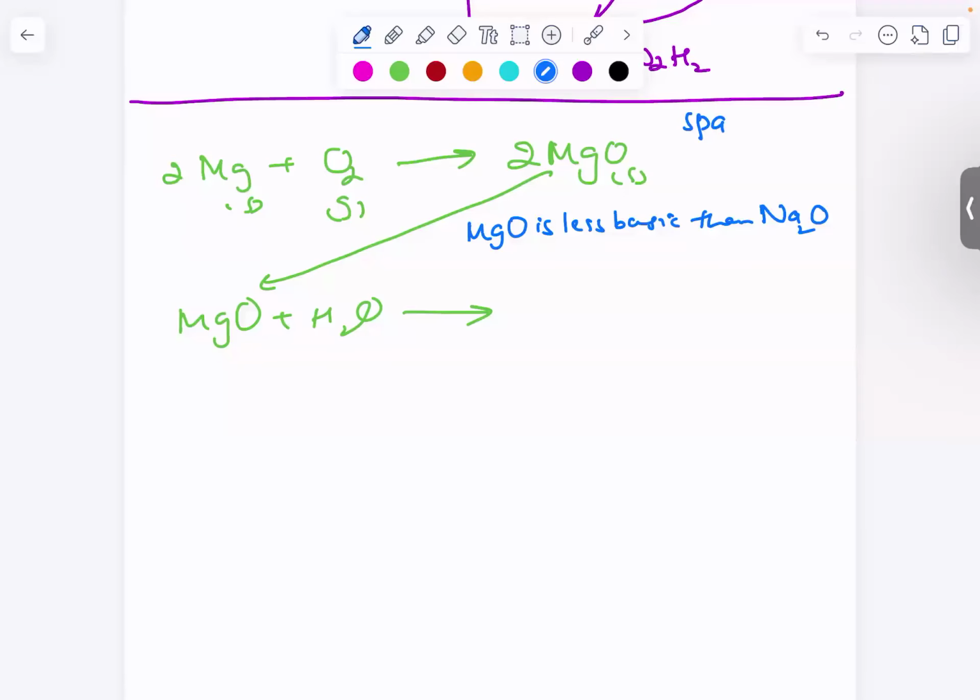Let me tell you what is the meaning of sparingly soluble. First of all, we use the word insoluble or soluble. Then scientists came up with the idea that there is nothing in the world which is insoluble in water. Maybe a very minute amount will be dissolved in water, something like 10 raised to the power minus something, that is 0.00000 something, a very, very small amount.